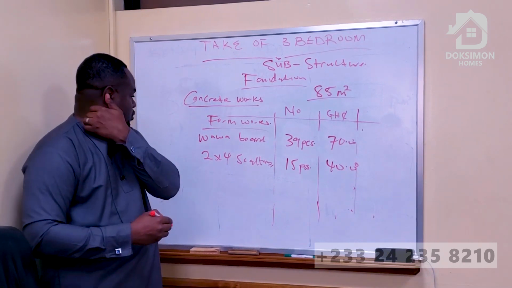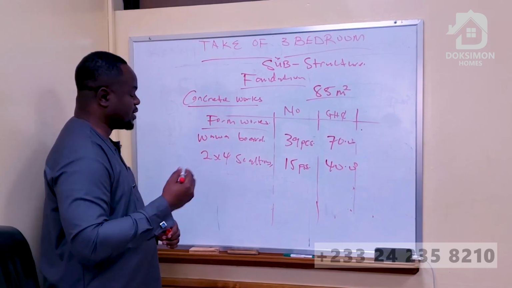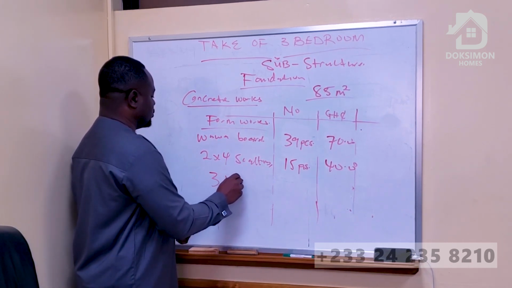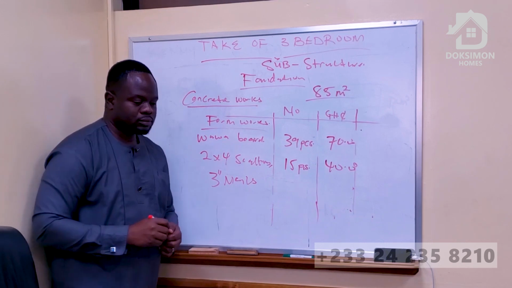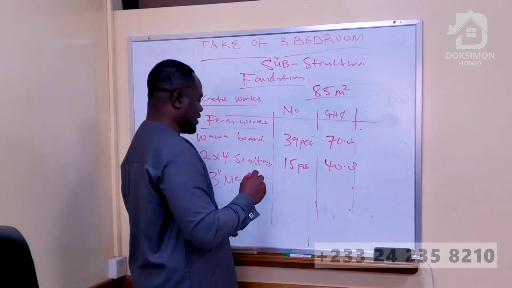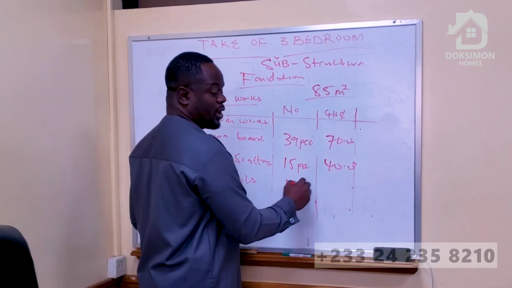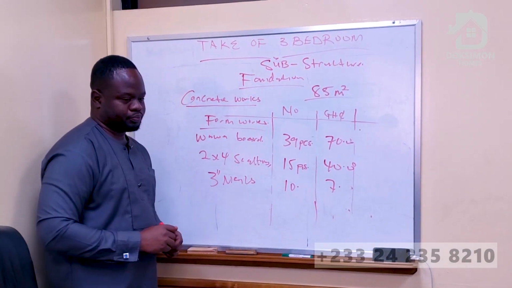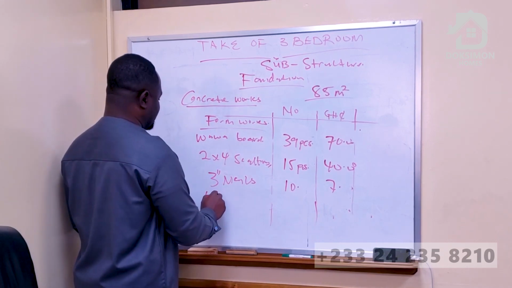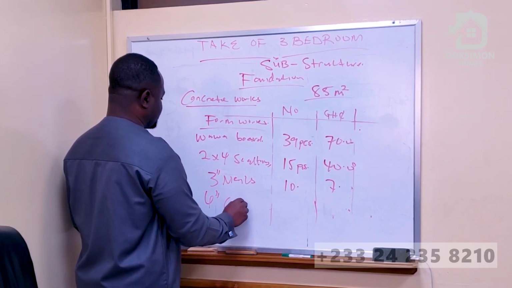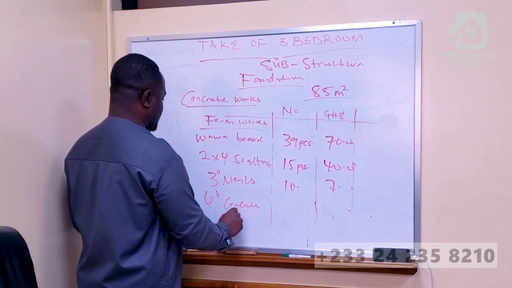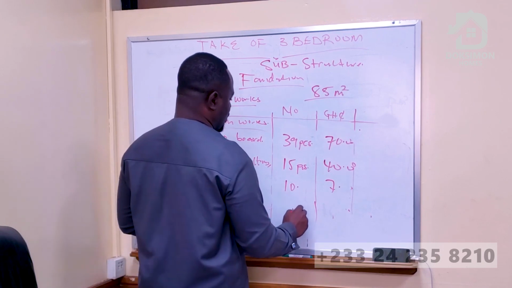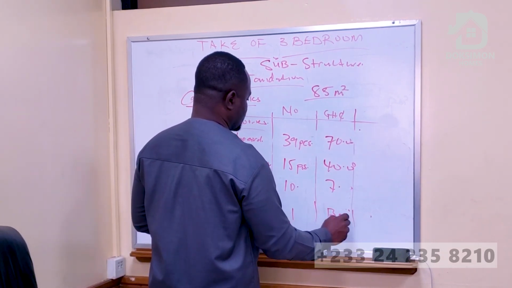Now, with the nails, we need 3 inches nails. 1 pound, we need 10. 1 pound is just 7 cedi. Then we also need 4 inches concrete nails. We just need 1 box.